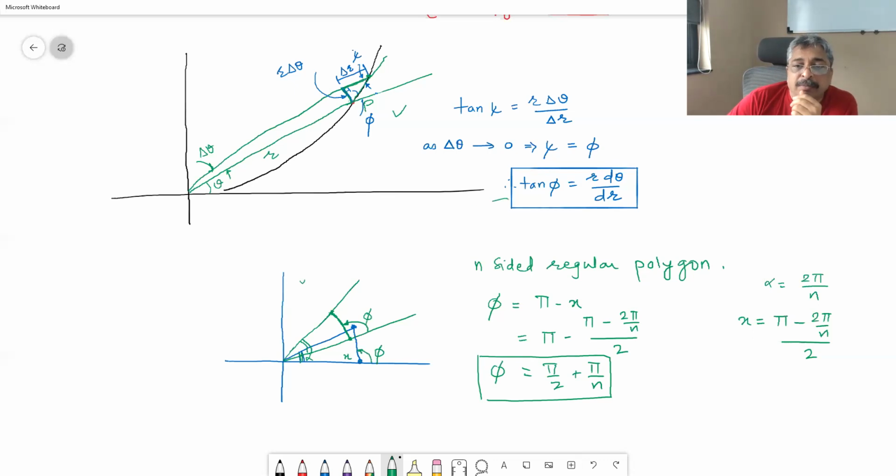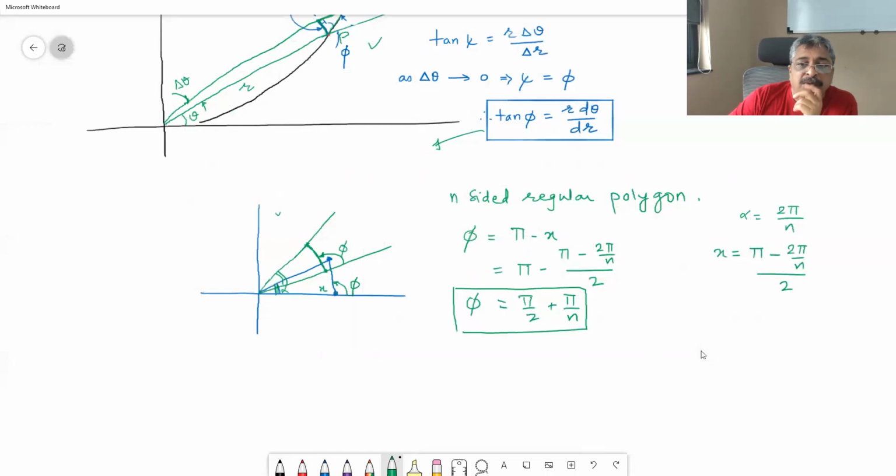And therefore, by this equation, we will get our direct differential equation. Tan of (pi by 2 plus pi by n), that is tan phi, is equal to r d theta upon dr. Now tan of (pi by 2 plus pi by n) is minus cot pi by n.